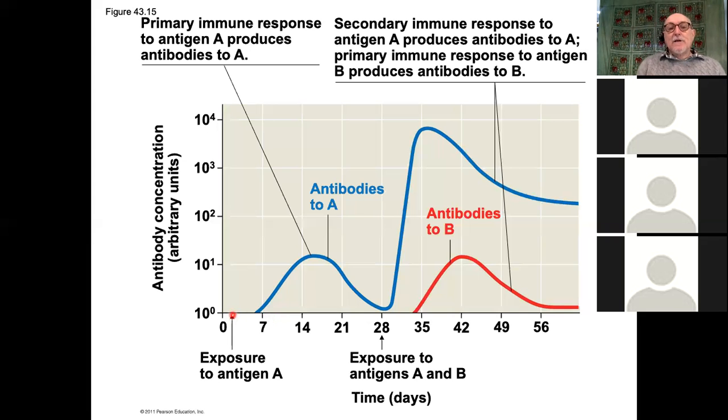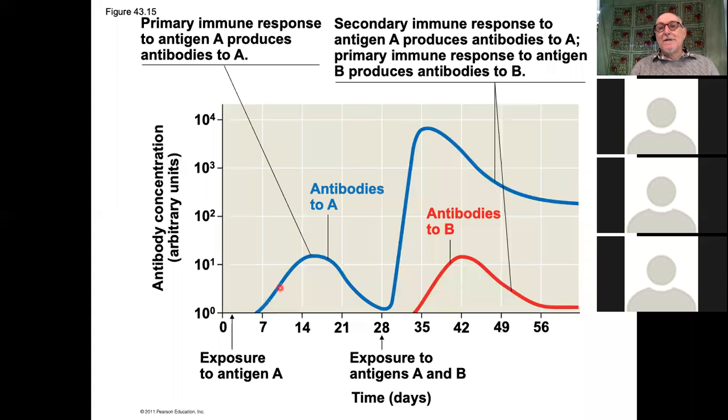Well, initial exposure, if we remember, we're tracking antibody. Initial exposure, we don't see anything happening for quite a long time. It's 5 to 10 days on average for us to see the adaptive immune system produce its full-blown response. So after 5 days or so, we begin to see antibody beginning to build up.